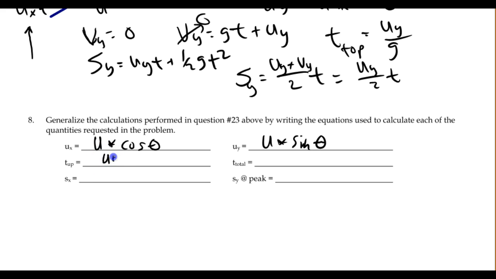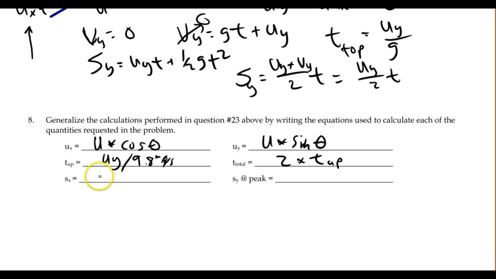So it's just going to be how fast we were going in the y to start with, divided by the acceleration rate of 9.8 meters per second per second. Time total is simply going to be twice the time it takes to get to the top. So multiply your answer for time up by 2.